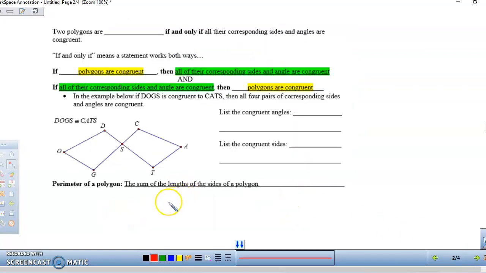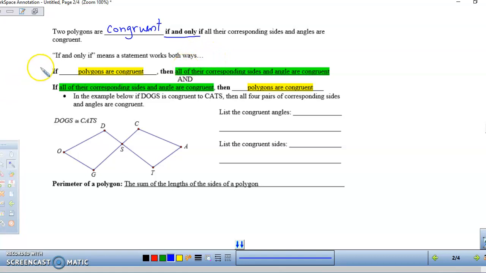Okay, definition. So two polygons are congruent if and only if, we'll get to that phrase in a second, if and only if all their corresponding sides and angles are also congruent. So if and only if is a logic phrase. It's actually kind of confusing at first, but all that it means is that the statement will logically work in both directions.